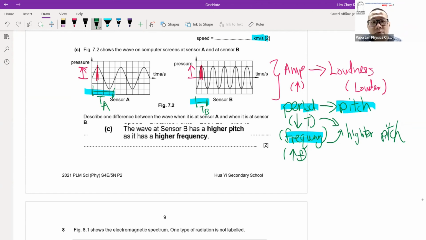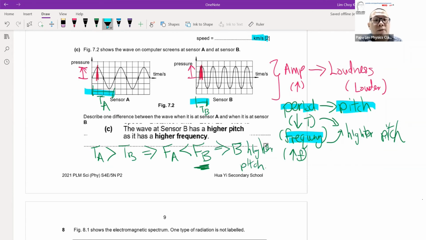If you compare the period of B and the period of A, it also means that the frequency of A is smaller than the frequency of B. Because frequency and pitch are related, whoever has the higher frequency will have the higher pitch.